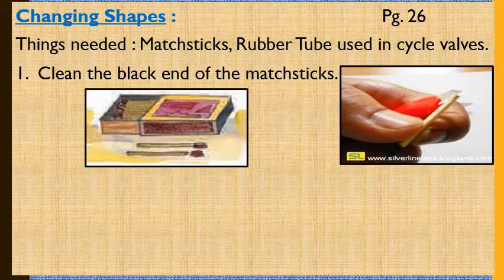Now, on the same page, that is page number 26, we are going to make different shapes ourselves. Things required are matchsticks, rubber tube used in cycle valves. First of all, clean the black end of all the matchsticks as shown in the figure.